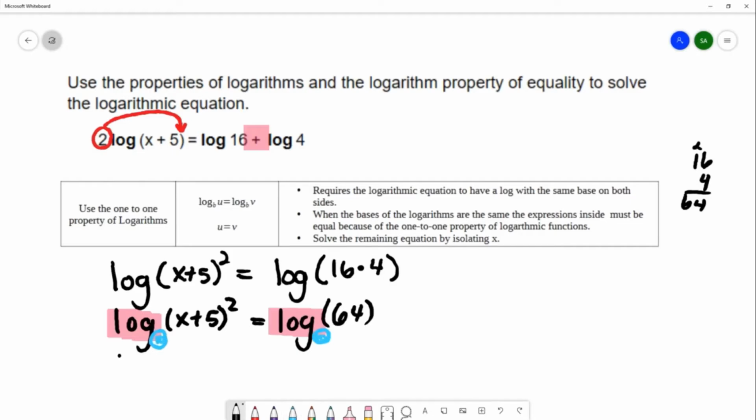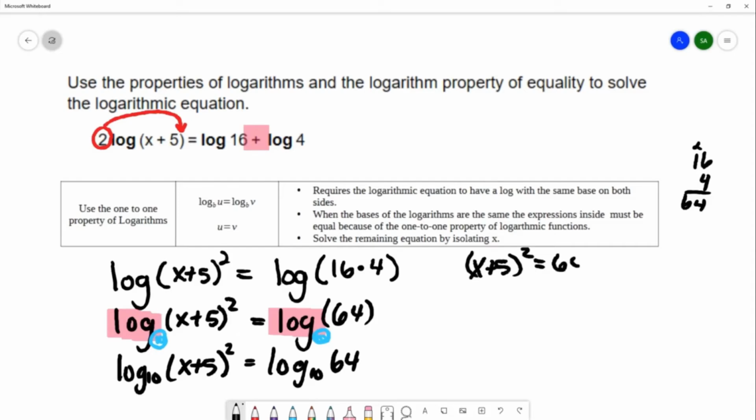So this actually means log base 10 of (x plus 5) squared equals log base 10 of 64. So we're able to now use that property of equality and say that (x plus 5) squared equals 64. We can make an equation out of the expressions inside the logs.